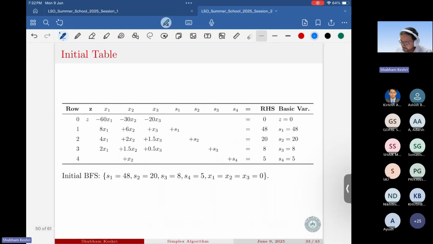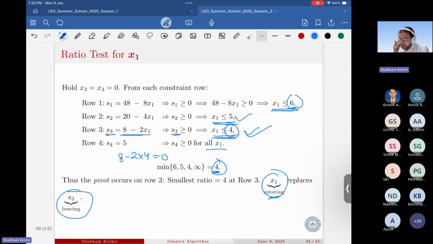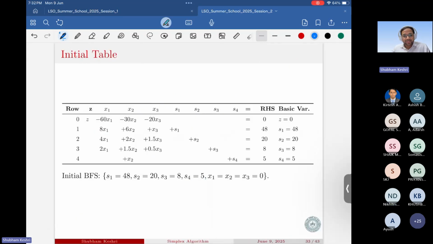Now the new basis is s1, s2, x1, s4. This is the new basis. s3 has left the basis. So this was the original table, the first table.